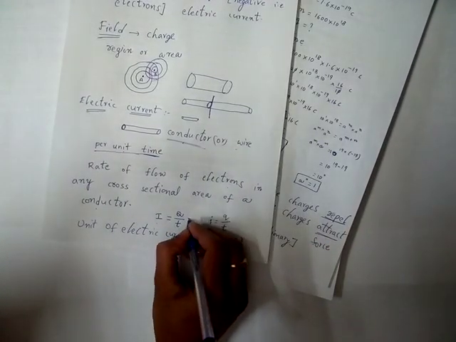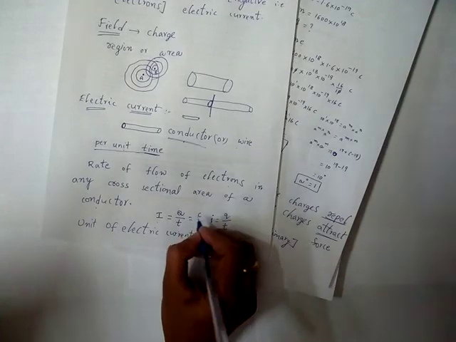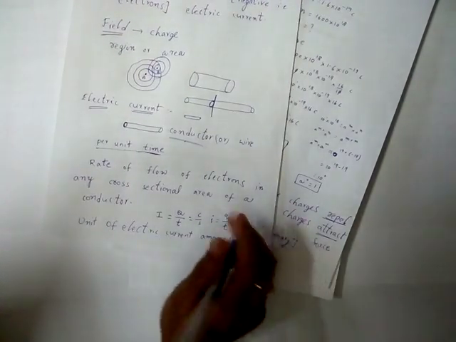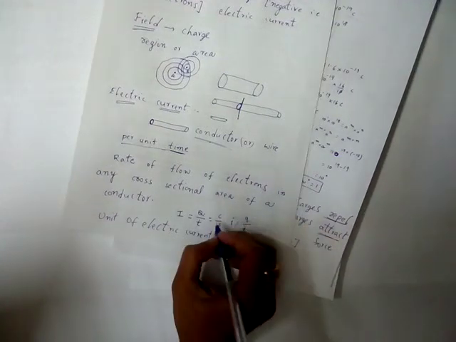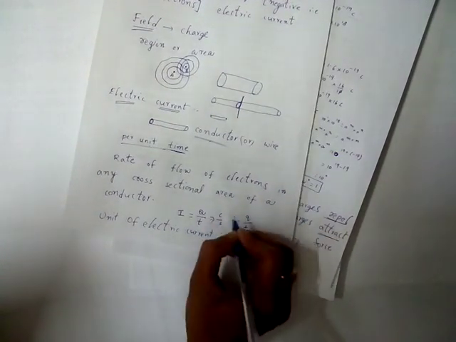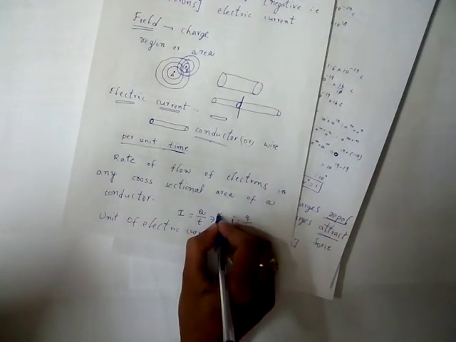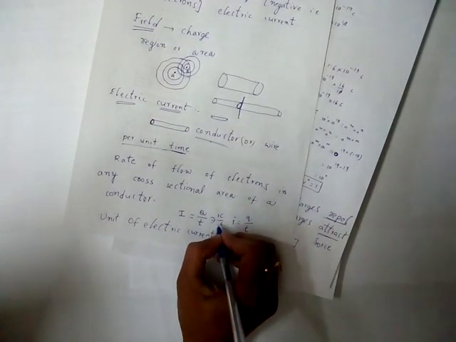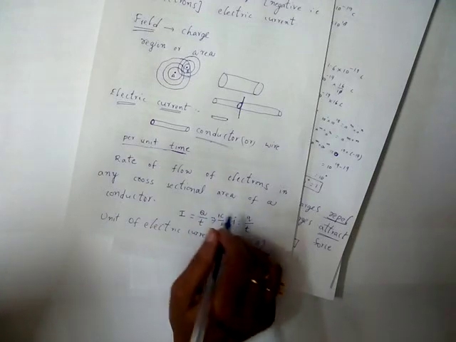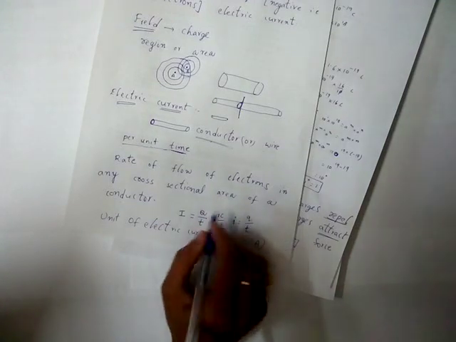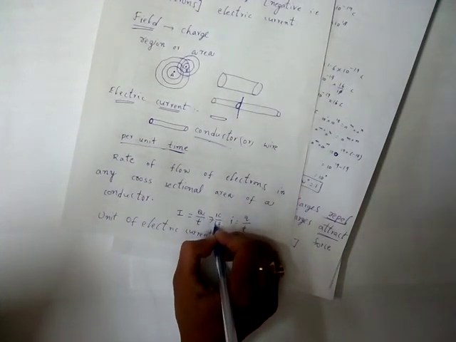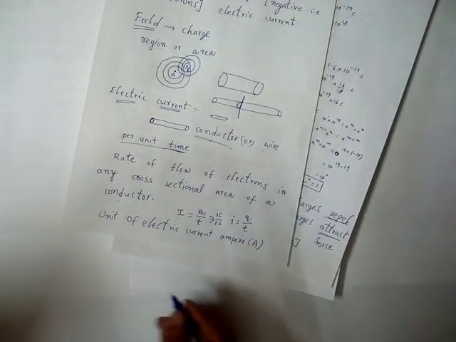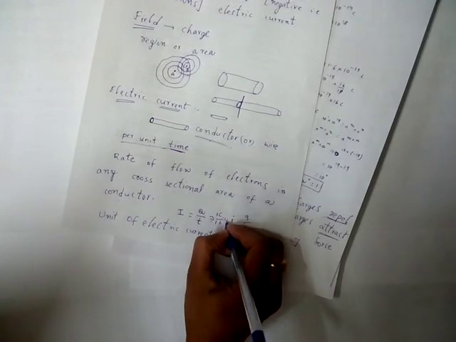You know charge unit is coulomb and time unit is second. So you can write 1 ampere. From here you can write 1 ampere means 1 coulomb of charge flowing in any cross-sectional area of a conductor per 1 second. We call it as 1 ampere of electric current.